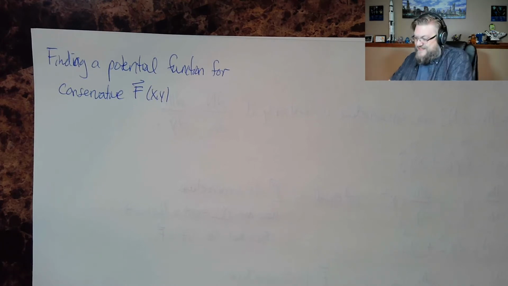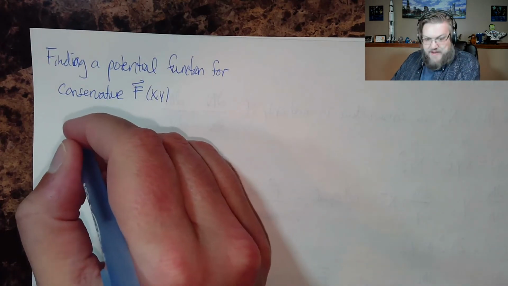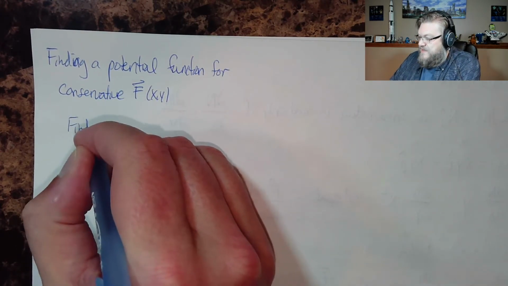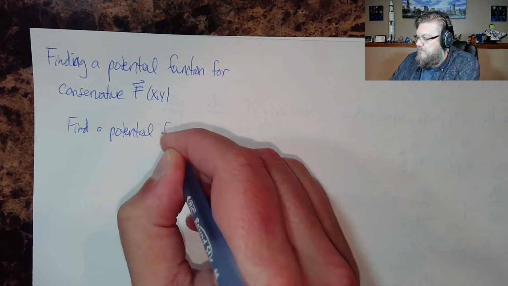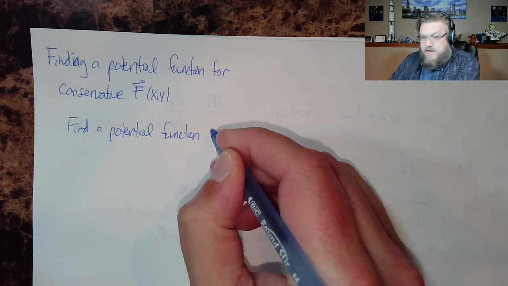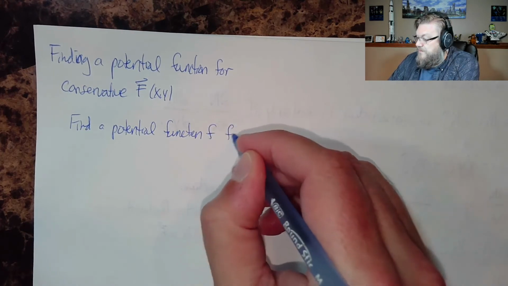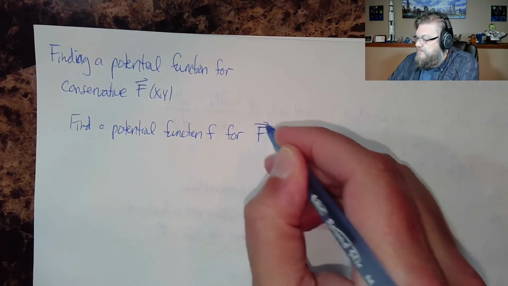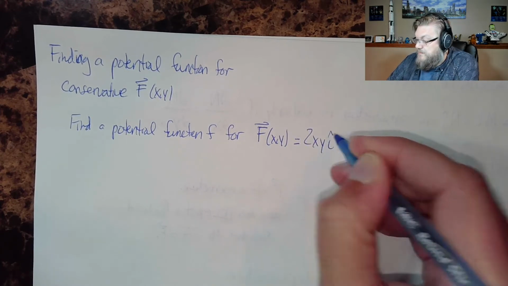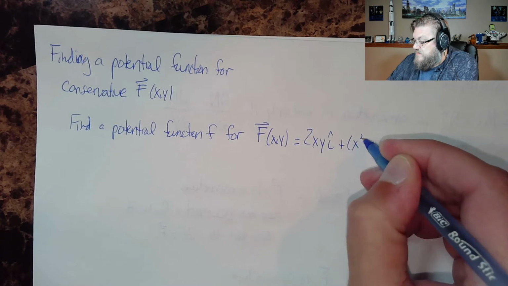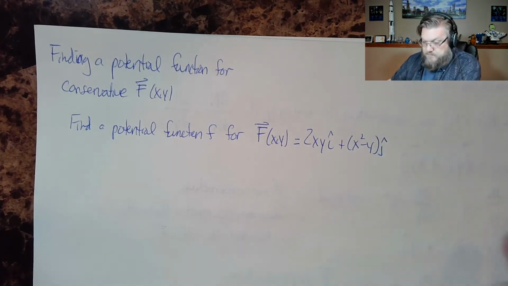All right, let's walk through this example together. Find a potential function f for capital F of x, y, which is 2xy i plus x squared minus y j.